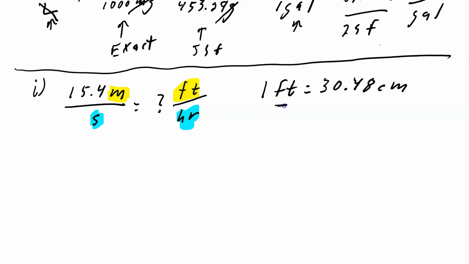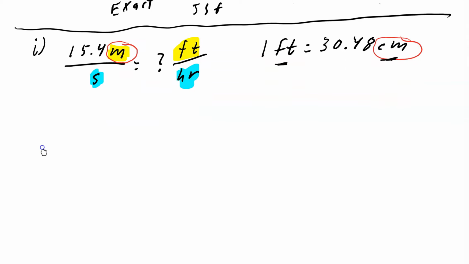So that brings us between the English feet and the metric centimeters. As we see, the problem measurement was in meters. Our conversion factor is in centimeters. We know how to convert between meters and centimeters, so you should know how to do that.